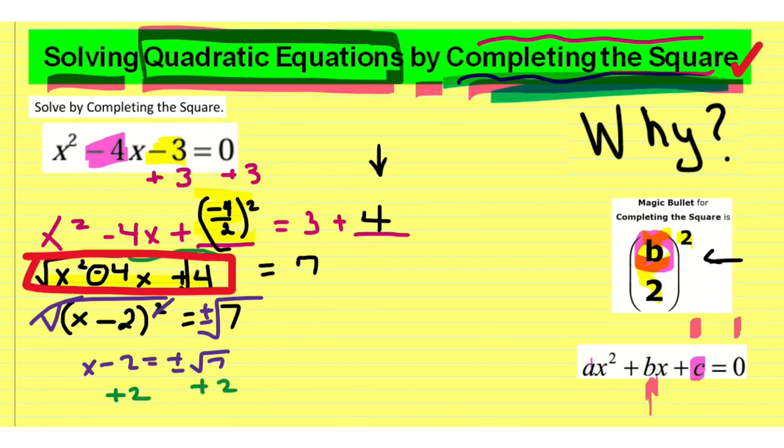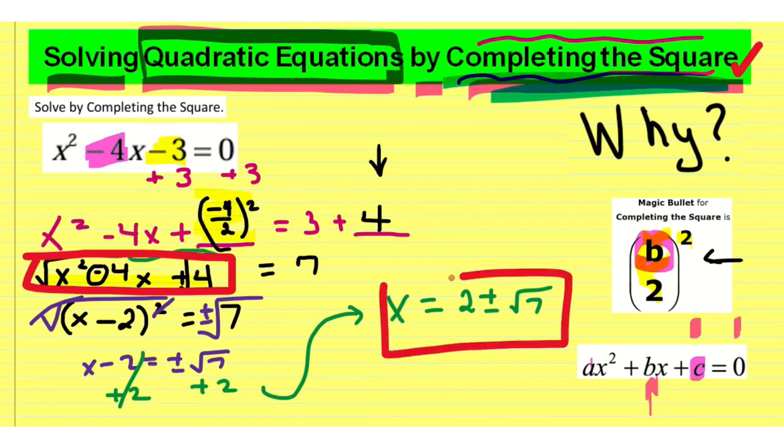That is going to give me, because those 2's are going to cancel out, x is equal to 2 plus or minus radical 7. So this produces the 2 solutions for my original quadratic, completing the square. It gives you options.